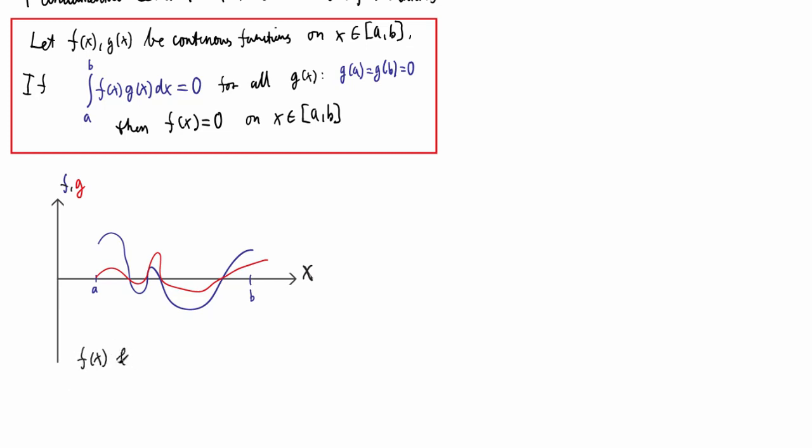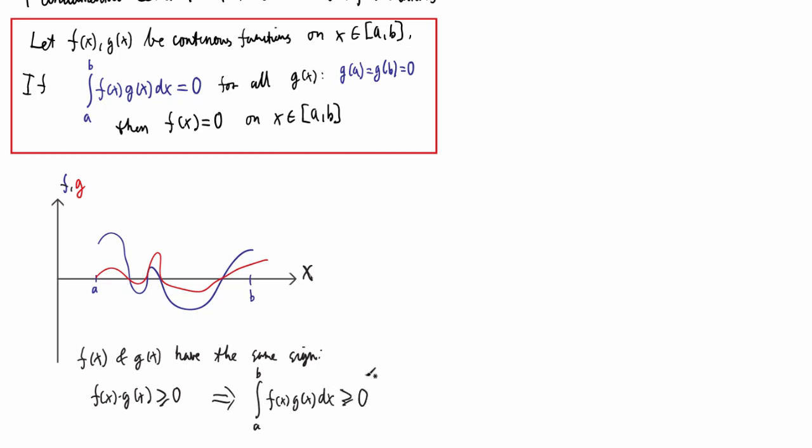So if f of x and g of x always have the same sign, that means, of course, that f of x times g of x is going to be greater than or equal to 0 on this interval, right? This then gives us that the integral of f times g on the interval from a to b has to always be greater than or equal to 0, right?